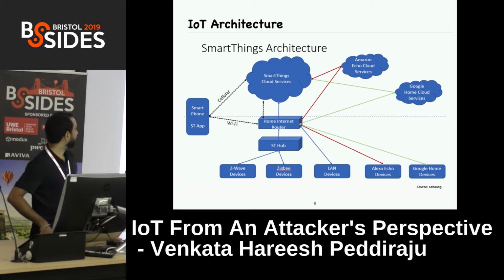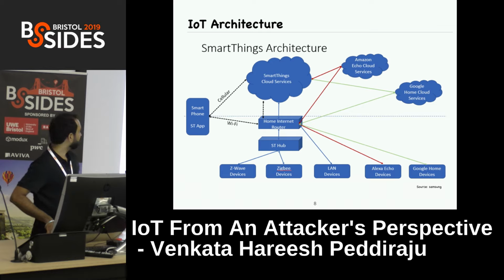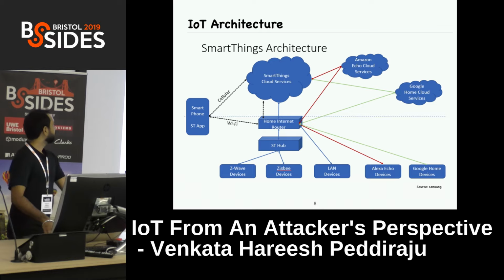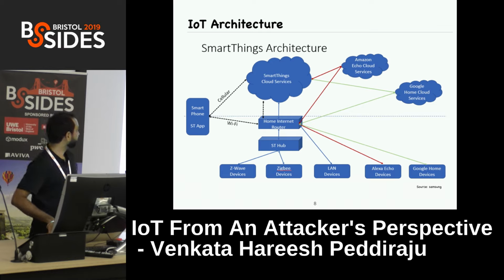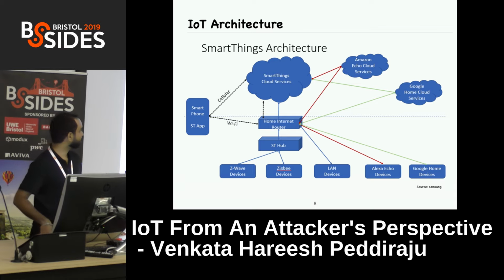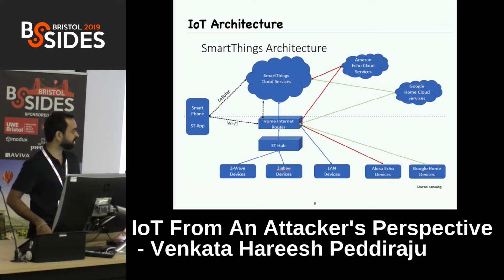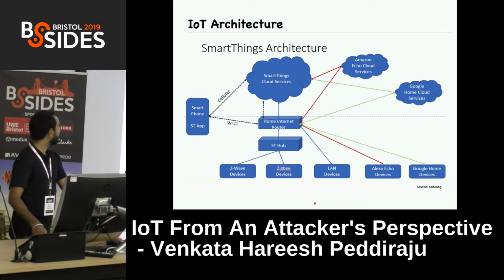This is also being implemented by Philips Hue. It's not like a Samsung thing. So essentially what this means is you can use your Pixel phone or your Amazon Alexa to control any Samsung bulb that you might have at your home, or even their refrigerators and their washers and dryers.